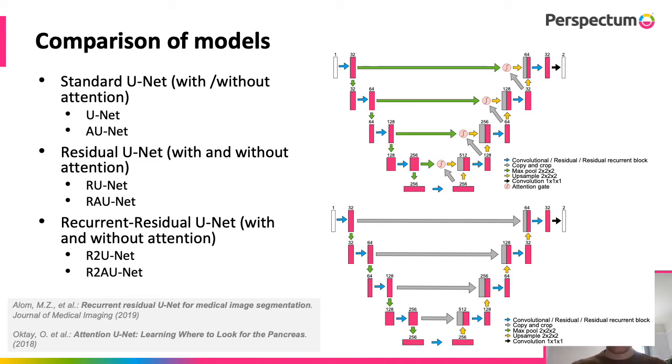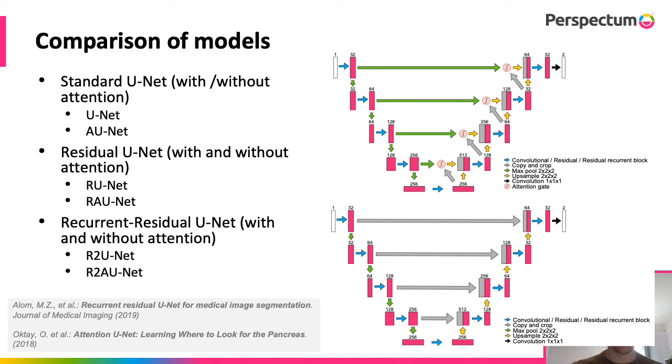And the residual unit and recurrent residual unit were introduced by A.I.L et al. They have the idea that the residual connections can help improve optimization during training, and the idea behind the recurrent layers is that features are accumulated in a layer by forward propagating through that layer multiple times.